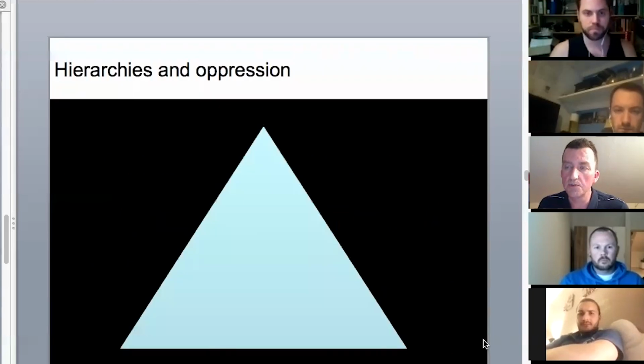So green is all about hierarchies and oppression. It's saying that there was a gender hierarchy of men over women, and that caused sexism. There was a hierarchy of skin color of white people over other people, and that created racism. And there was a hierarchy of countries over other countries, that created colonialism.